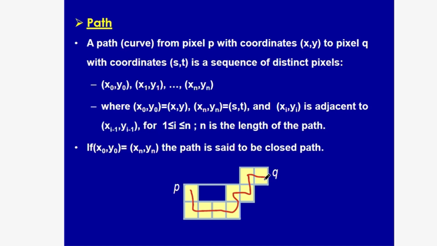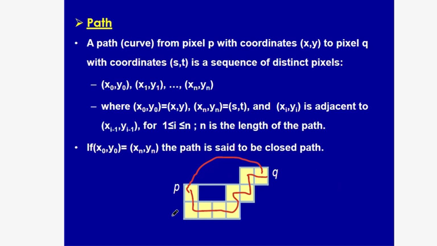And we know when you are going along a path, you have to go for the shortest path. Suppose (x0, y0), the starting pixel, and (xn, yn), the ending pixel, are the same. Suppose the path goes like this, then the ending pixel and starting pixel are the same, and that path is called a closed path.